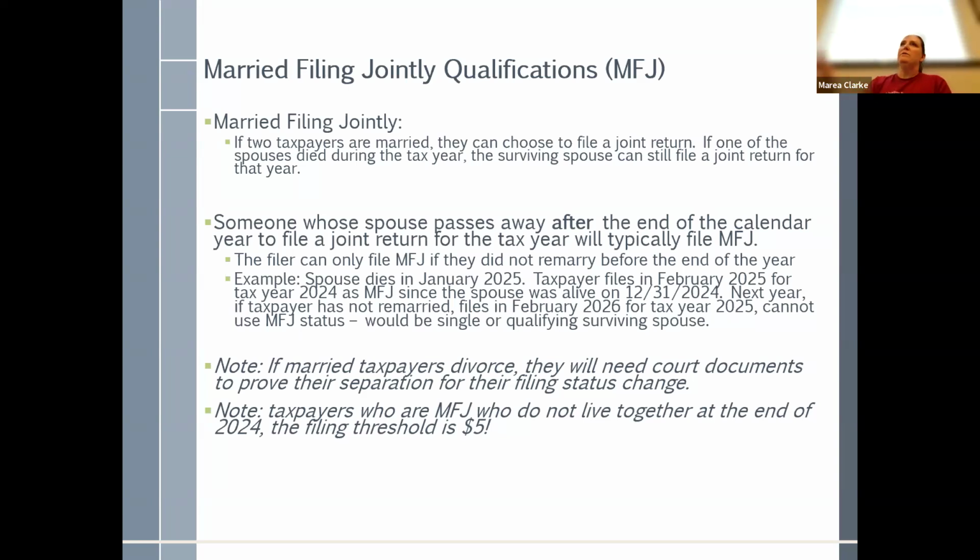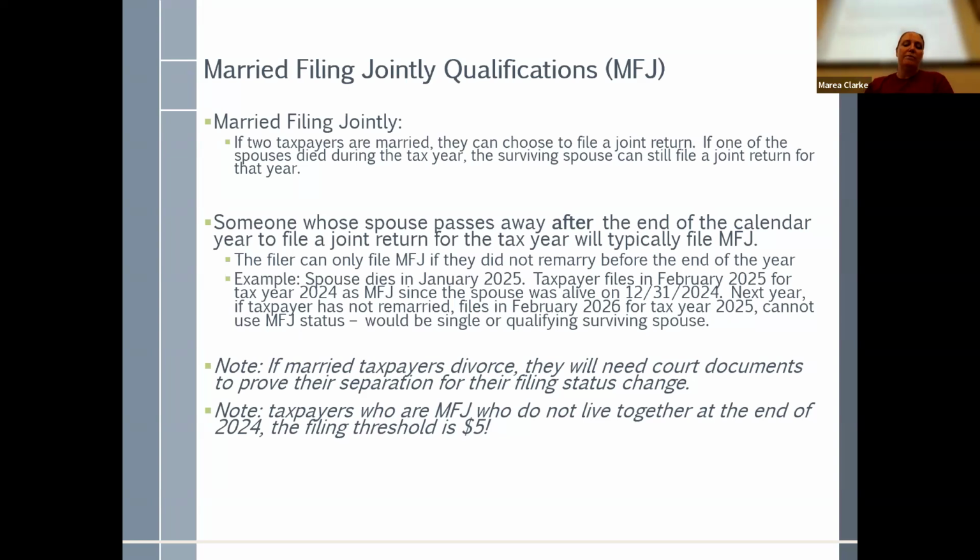So your spouse died in January, you don't remarry for the whole year, you can file a joint return with the spouse that died. Your spouse dies in January, you get married again in November, you can file a joint return with your new spouse, but you can't file a joint return with your spouse that died. That individual would be filing a separate return.